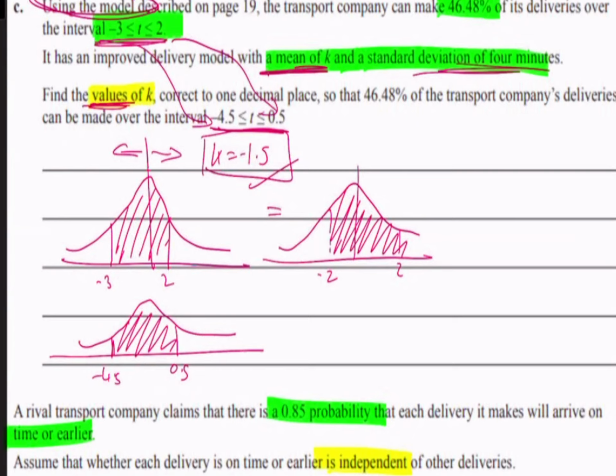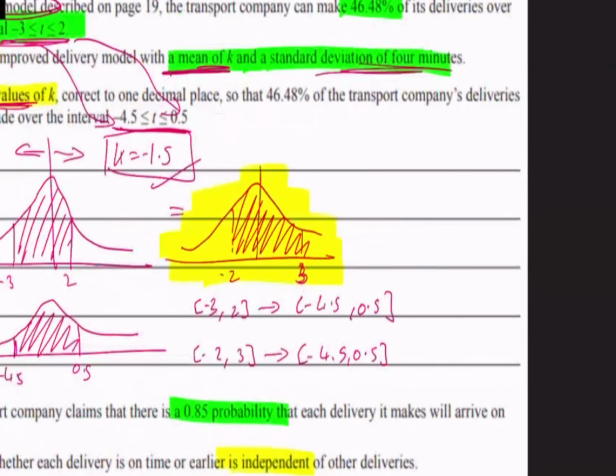That's where this symmetry property comes in handy, because now you can see that, sorry, this should be a 3. So not only has the original boundary from -3 to 2 gone to -4.5 to 0.5, but this should be the same as -2 to 3, also going to -4.5 to 0.5.